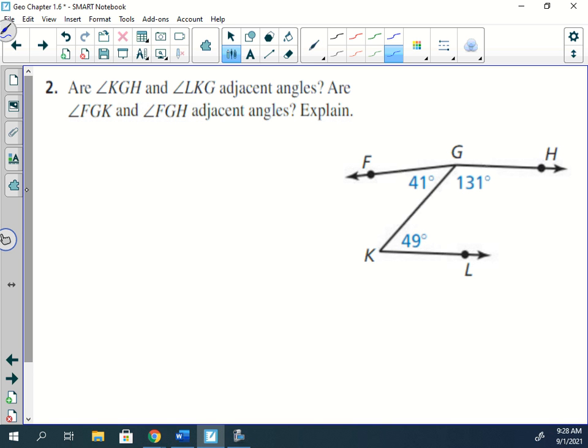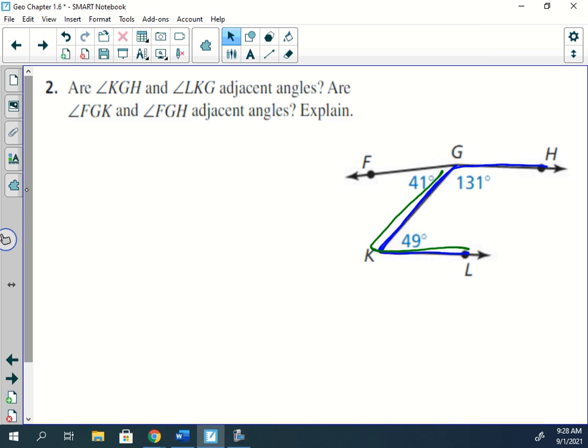Are angles KGH and LKG adjacent angles? I can do this in a different color. Can you explain the rule of that? So adjacent has two main things. What are they? Common vertex and common side.